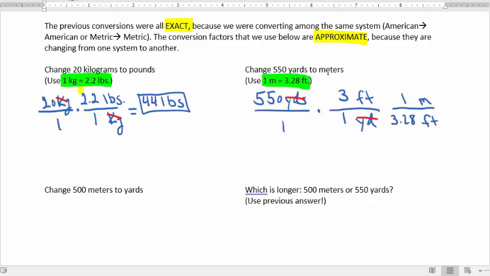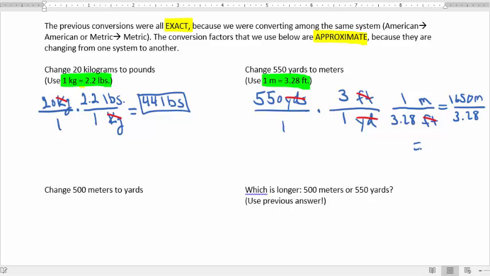So now feet would cancel and I would just be left with meters. Now the only difference again is I would have to actually multiply and divide here. So I would multiply 550 times 3, and that's going to be 1650 meter over 3.28.